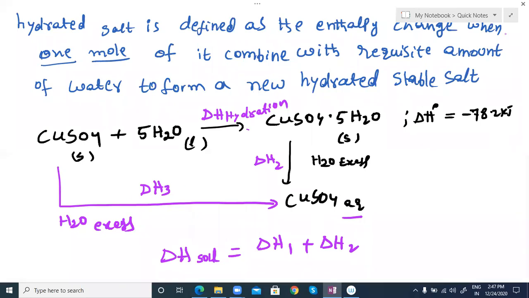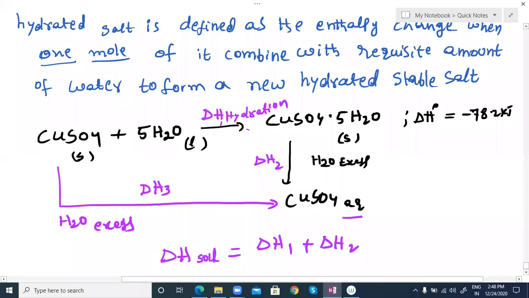Can I write like this? Yes, correct. So according to Hess law, delta H3 equals delta H1 plus delta H2, where the first one I am assuming delta H1 and the second one delta H2.